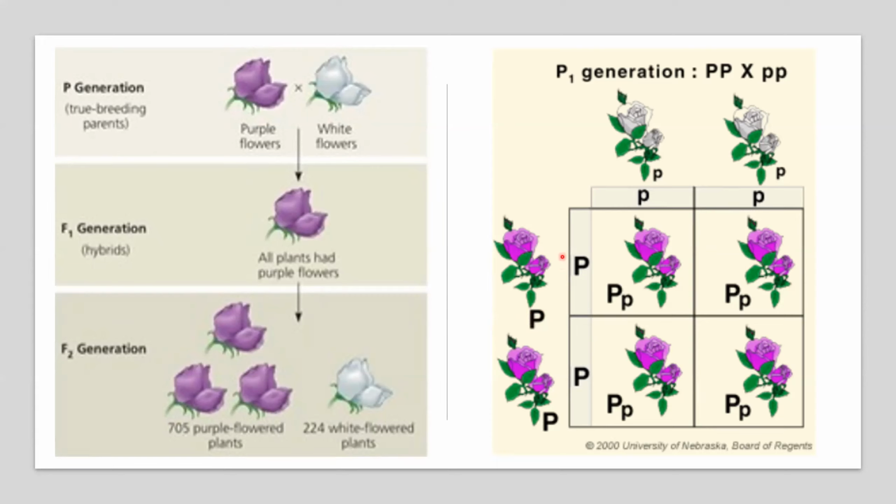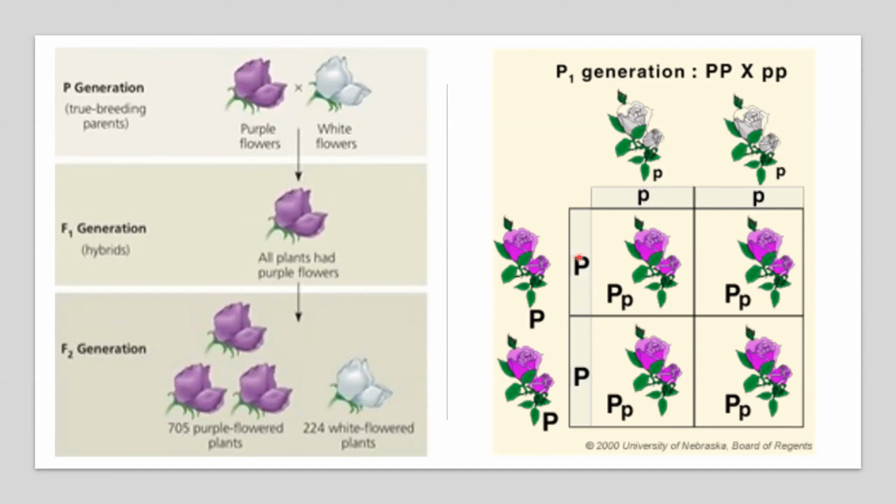But essentially, in the P generation, the purple flower has two uppercase P's. And then in the parental generation, the white flower has two lowercase p's. And geneticists use these lowercase letters to represent recessive alleles.